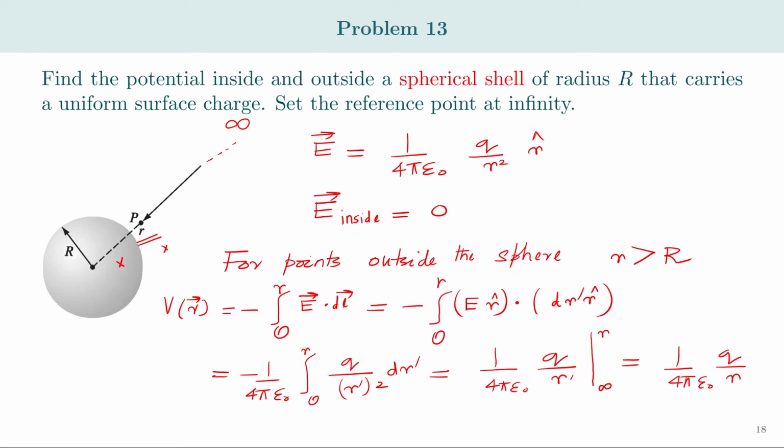So this is the expression for the electrostatic potential for a point outside a spherical shell of radius R.